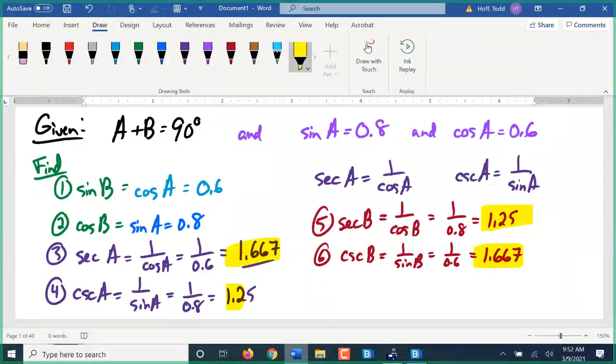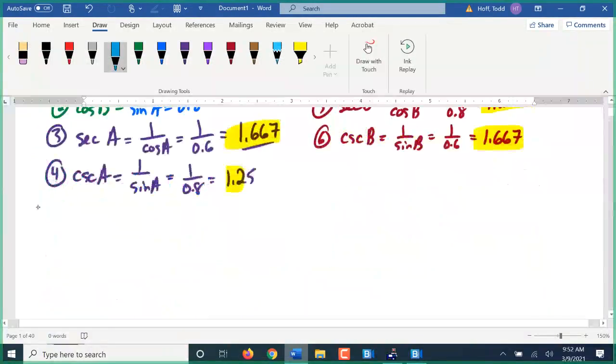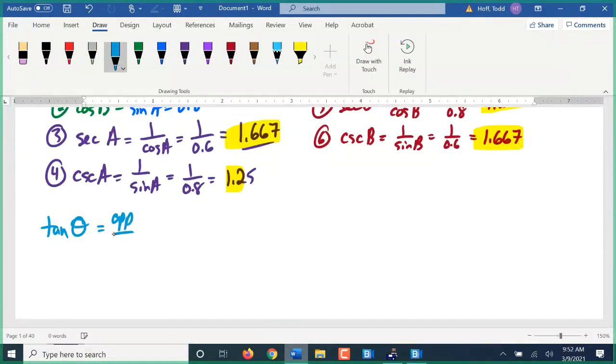Let's talk about the tangent a little bit. Tangent of an angle is equal to the opposite side over the adjacent side. Now, we looked at this very briefly, but we know the sine of an angle is the opposite side over the hypotenuse.